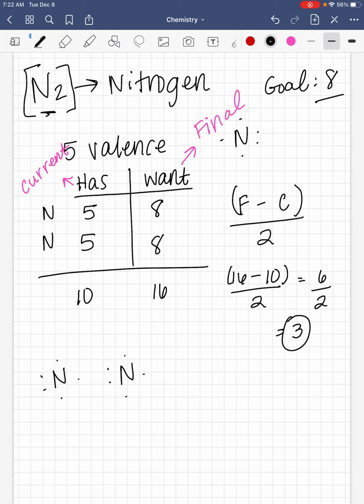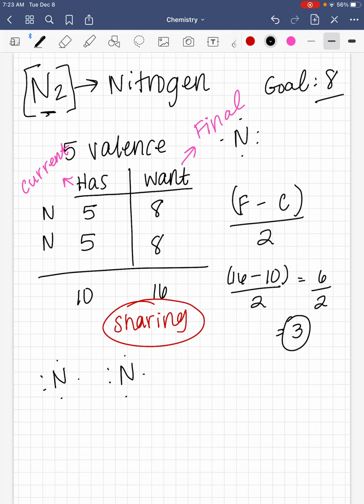So all the bonds are going to happen on one side. Remember, with covalent, you are sharing electrons. So when we're sharing electrons, think what's mine is yours, what's yours is mine. So we're going to count those electrons that they're sharing as part of the valence electrons. So we have 3 covalent bonds, and we only have 2 atoms. So like I said, they're going to be on the same side.